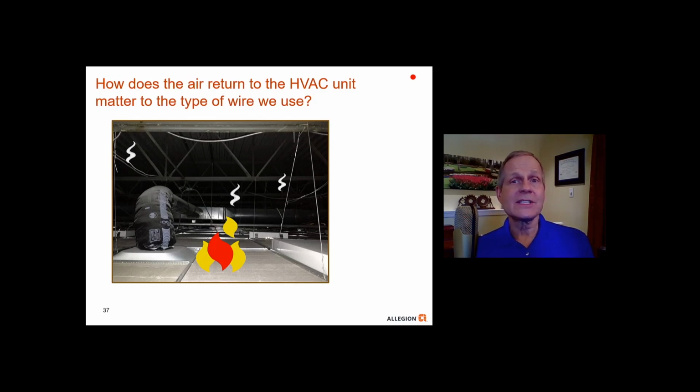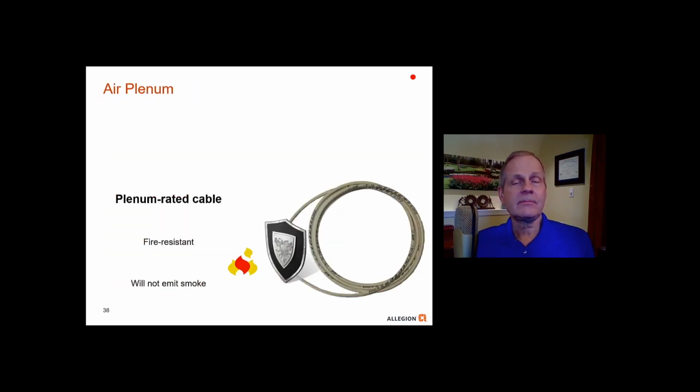Now we have to watch what's installed in that air plenum, because if there is a fire, the smoke will be recirculated throughout the building. So there's very specific code requirements for the types of things that are installed in that air plenum space. And what we're concerned with when it comes to wire runs is using plenum rated cable.